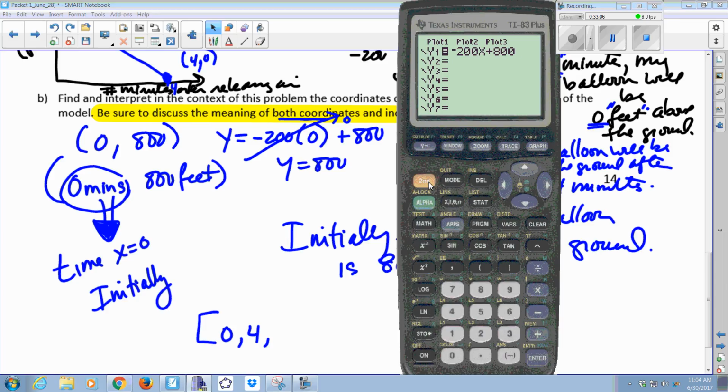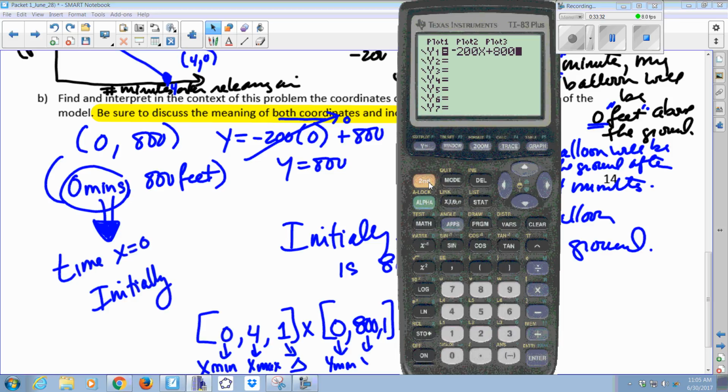And you could use any kind of increment you want. Every half minute, every minute, doesn't matter. Let's do every minute. So this is x min, this is x max because it's going to be on the ground, and this is your change in x. And then what about the height? Well, you know your height's going to go from 0 to 800, 0 being the minimum height, 800 being where the balloon started.